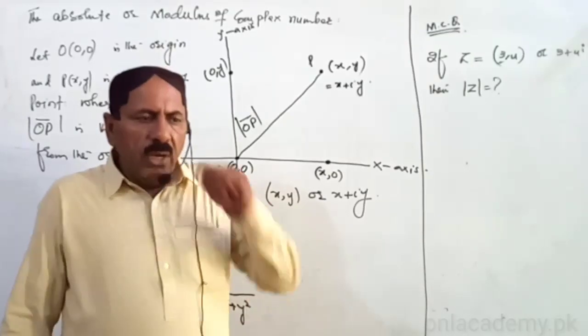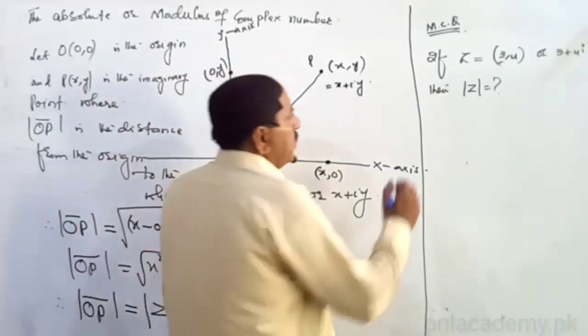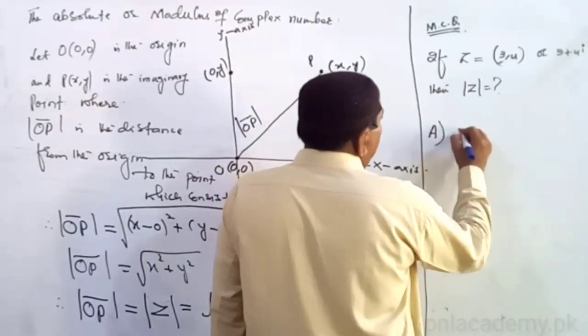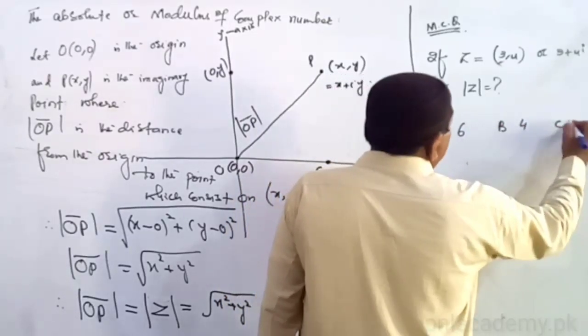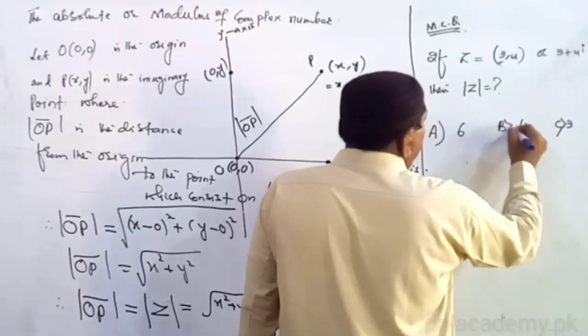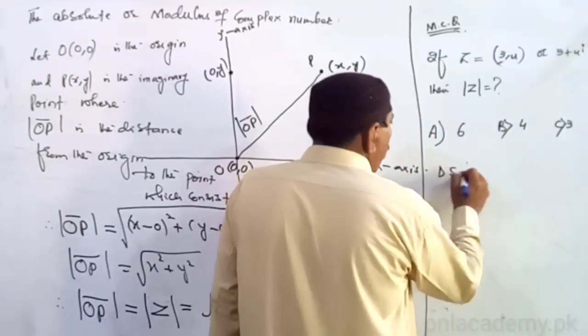What should be the value of mod of z? Options are A 6, B 4, C 3, D 5.